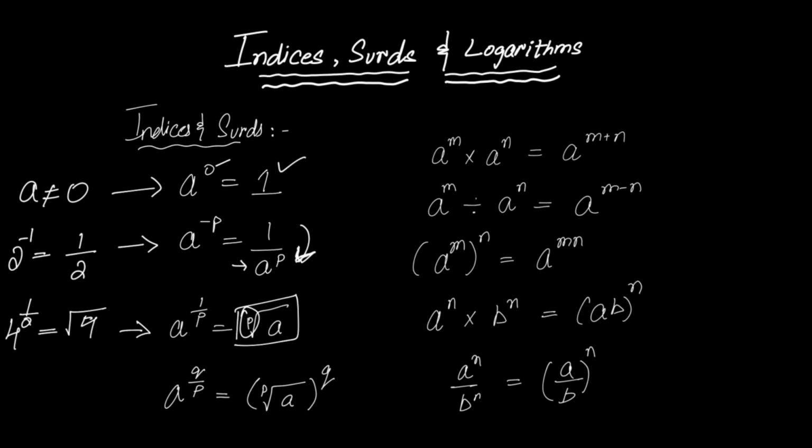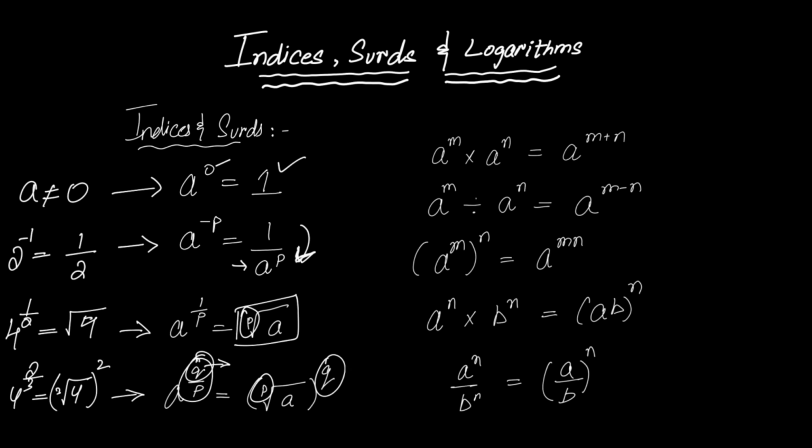Now if there are two numbers in the fraction, first we put a root, and then we put the value which is either the square or cube or whatever. So for example, 4 to the power 2 upon 3 will be equal to the cube root of 4, and then being squared.